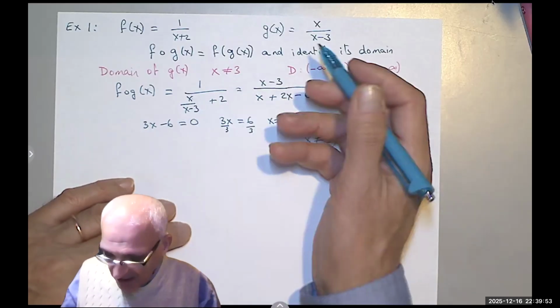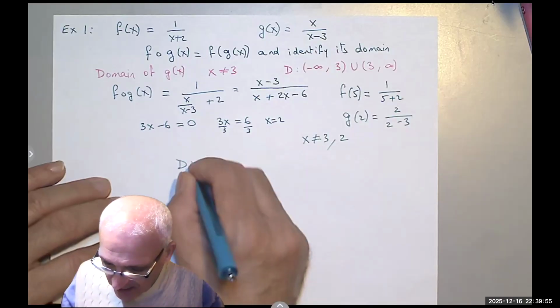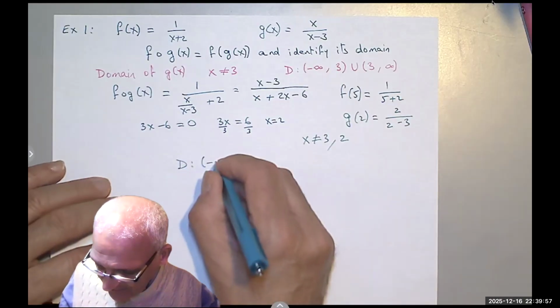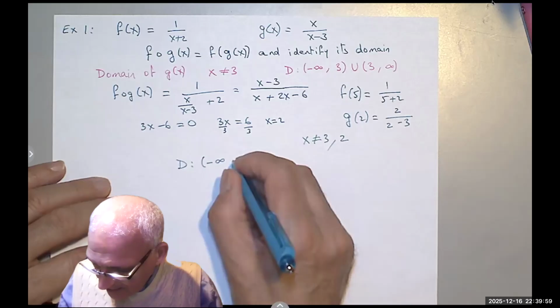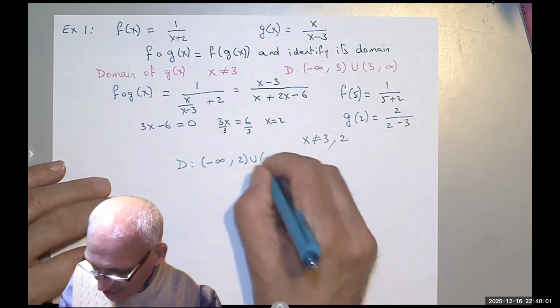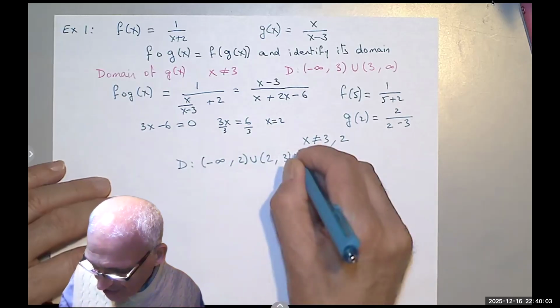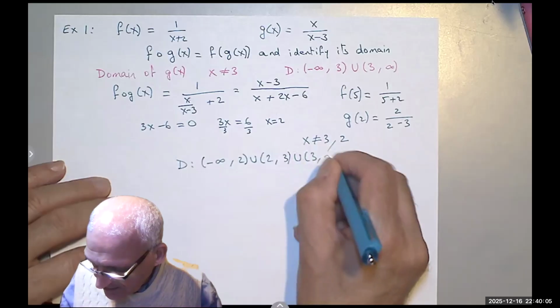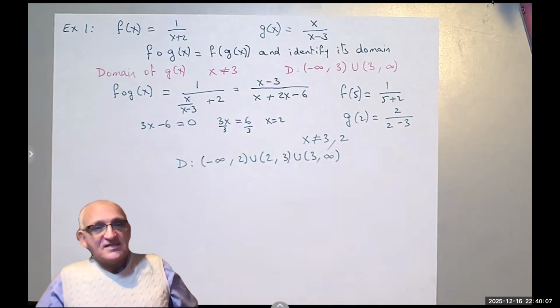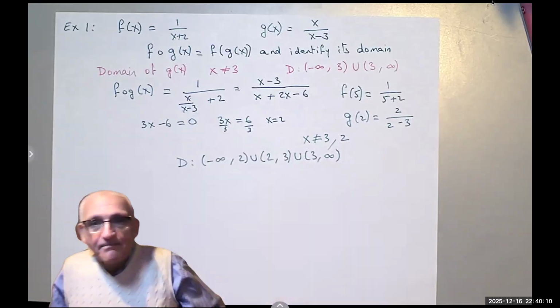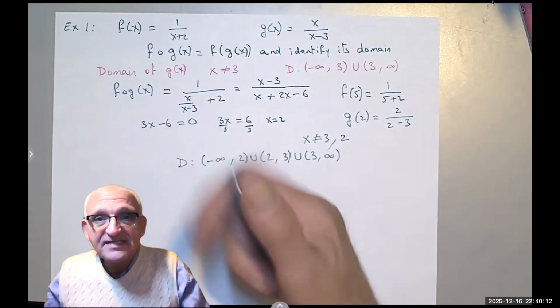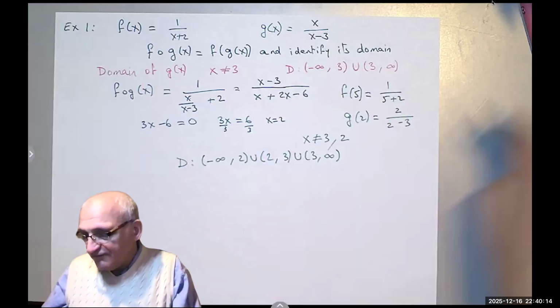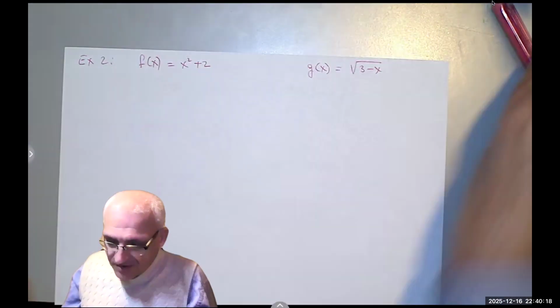So you can see here the domain is negative infinity up to 2, union 2 to 3, union 3 to infinity. And that's the first example. I hope it's clear. We'll take a few more examples with different functions so that we can see how it works.